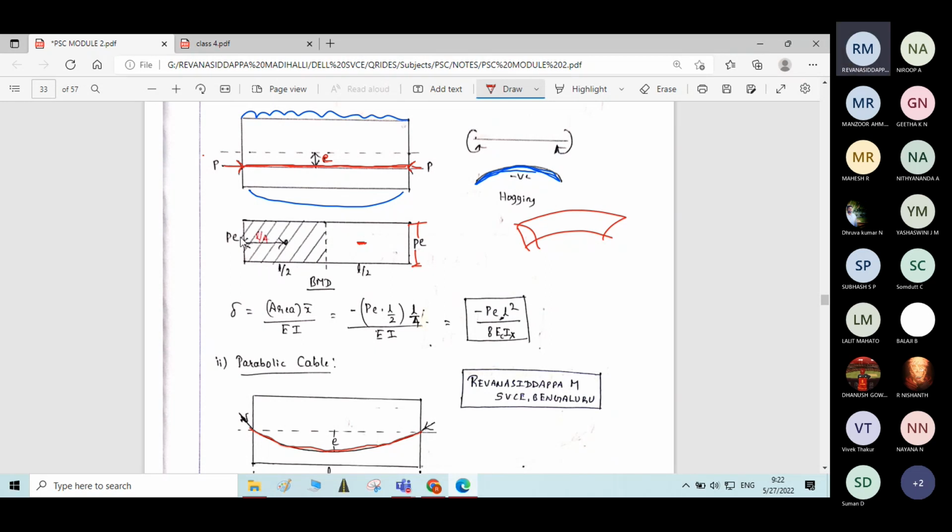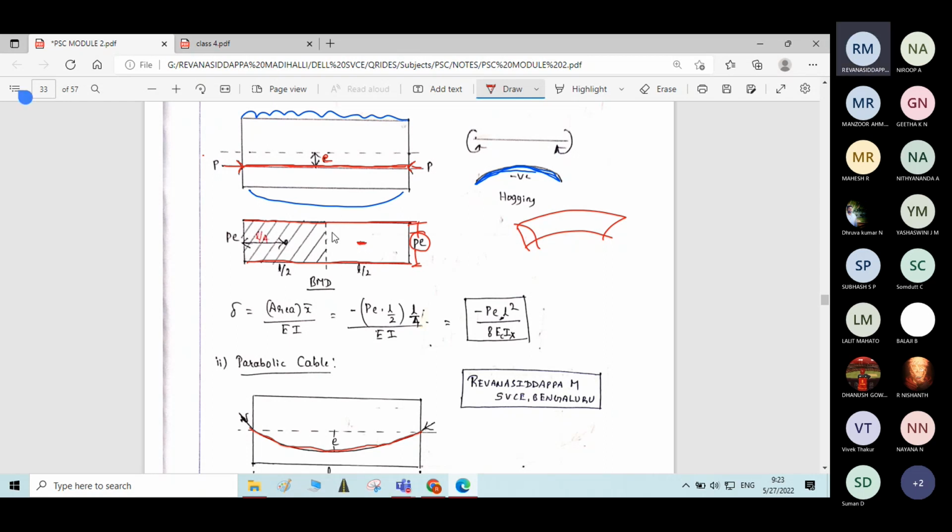Bending moment is constant throughout the length because the cable is straight and has constant eccentricity, so the bending moment is constant with intensity P into E.